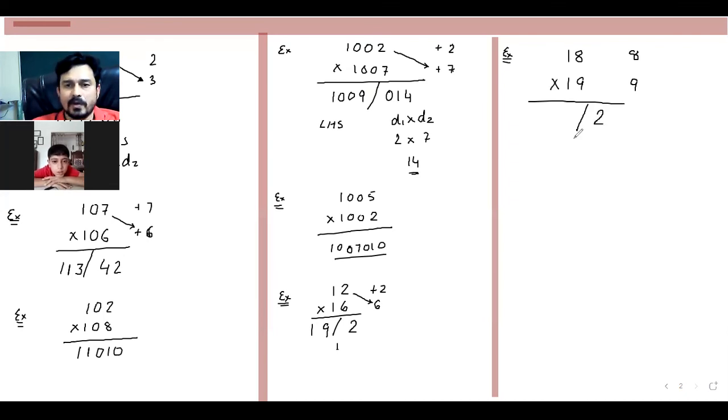So 2 is written and 7 will go as carry. Now 18 plus 9 is 27, plus 7 from carry, so this becomes 34. Final answer 342.